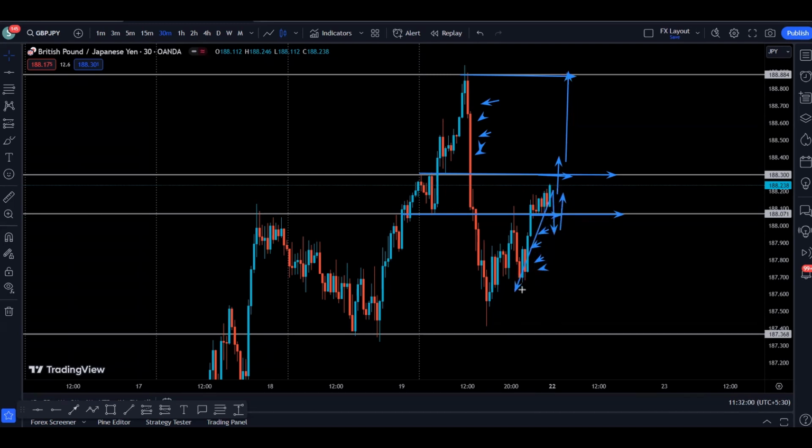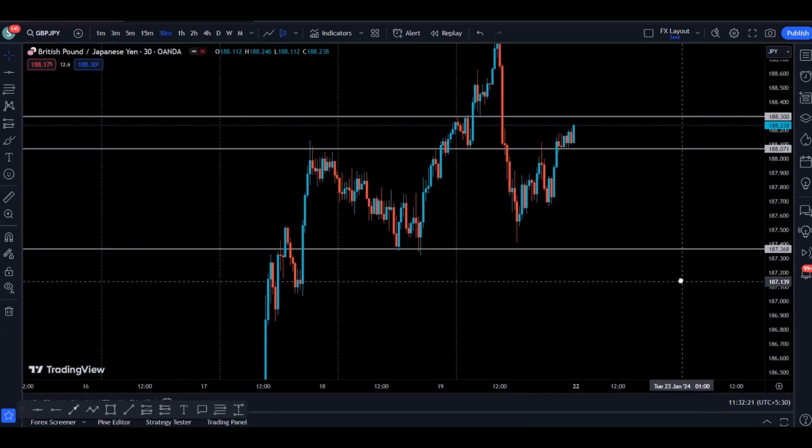It will be great if we can break these lows, and after that, if the price is making a pullback to create resistance, then I'll be looking to go short in order to target this area, because in that situation we will be making a lower low and lower high market structure, and that will give me more confidence to understand and see that okay, the price is going to go down.